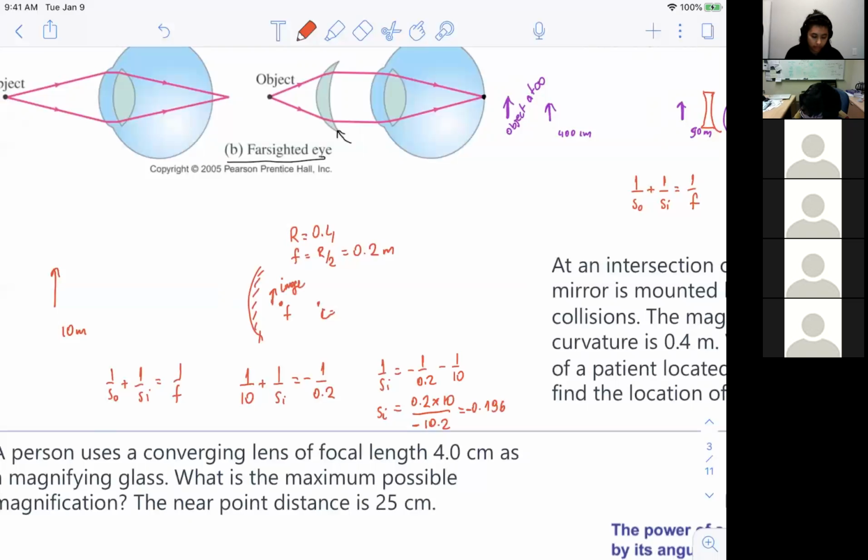Then the magnification is going to be minus the location of the image divided by the location of the object.